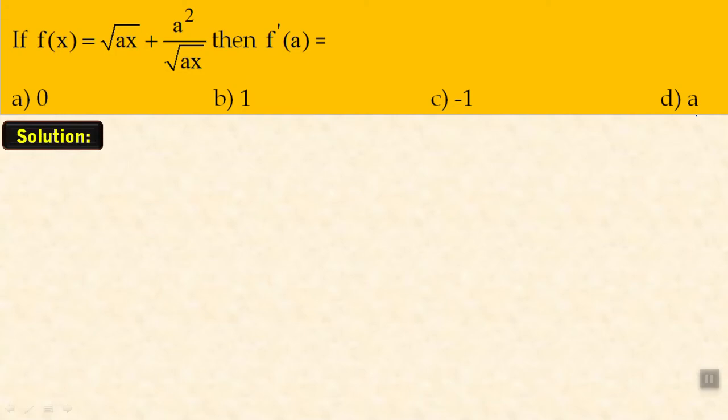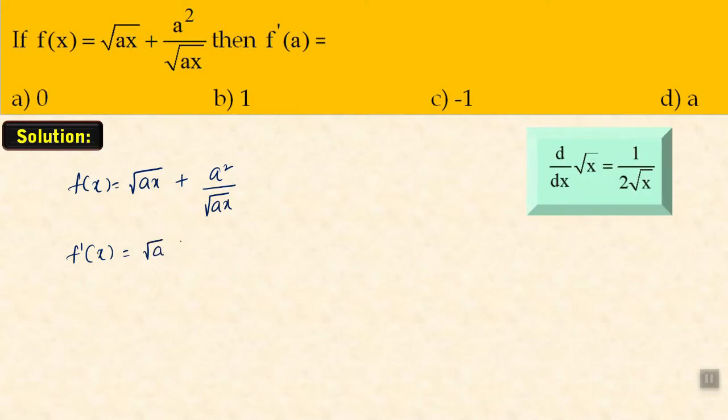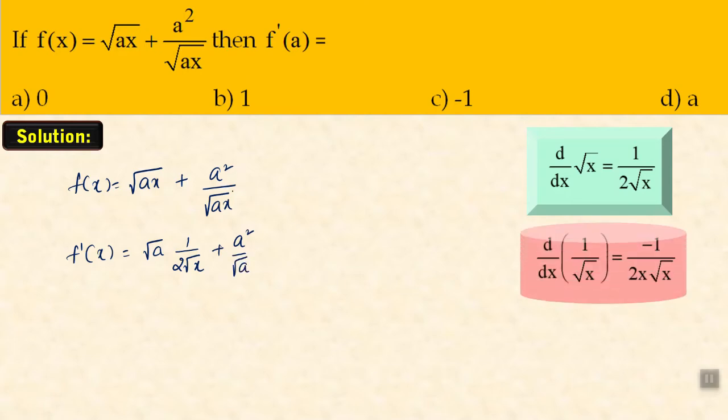Let us find this. Given f of x is equals to root ax plus a square by root ax. Now differentiating with respect to x on both sides, we get f dash of x is equals to, here root a is constant, d by dx of root x is 1 by 2 root x, plus, here a square by root a is constant, d by dx of 1 by root x is minus 1 by 2x into root x.